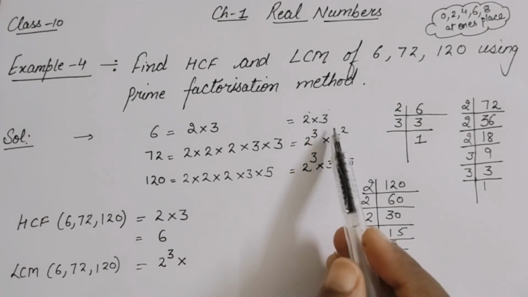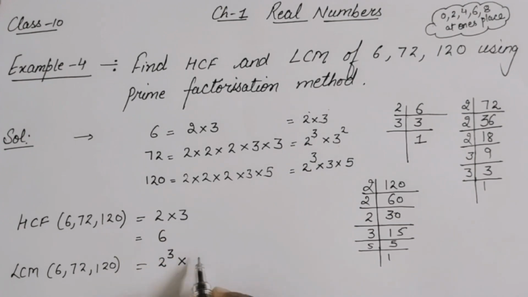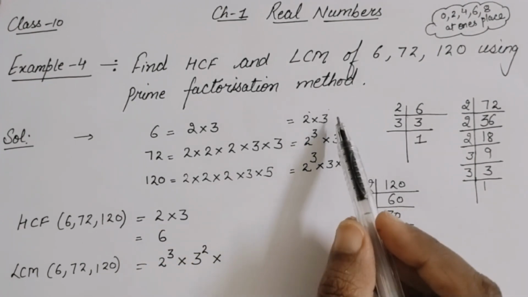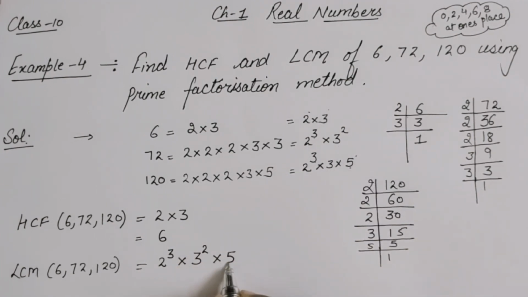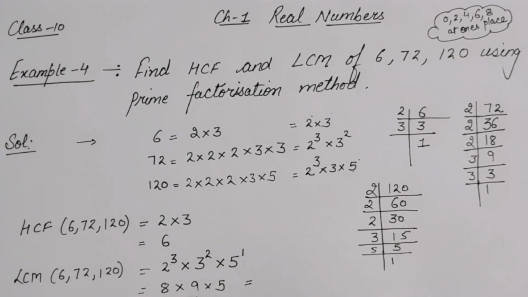Here 3 to the power 2 is the greatest, so take 3 to the power 2. 5 to the power 1 is greatest here because only 1 time 5 is there. 2 4s are 8, into 3 9s are 9, into 5. Now 8 9s are 72, 72 into 5 is 360. So your LCM is 360 and HCF is 6.